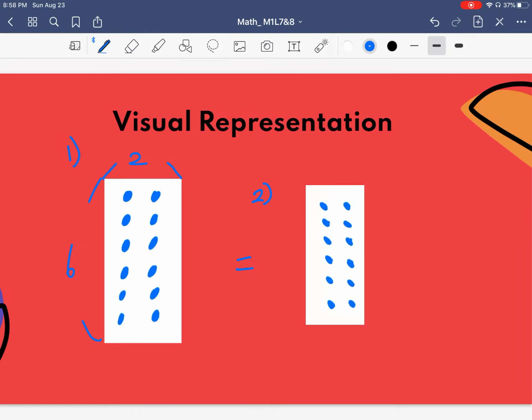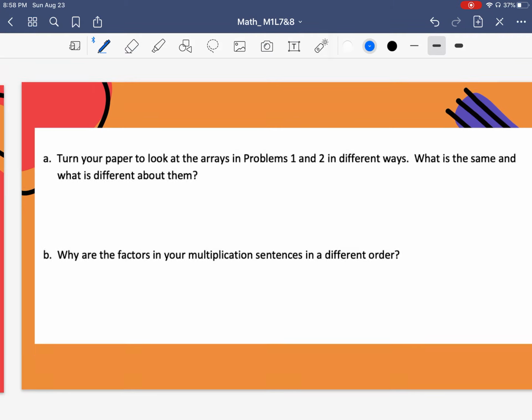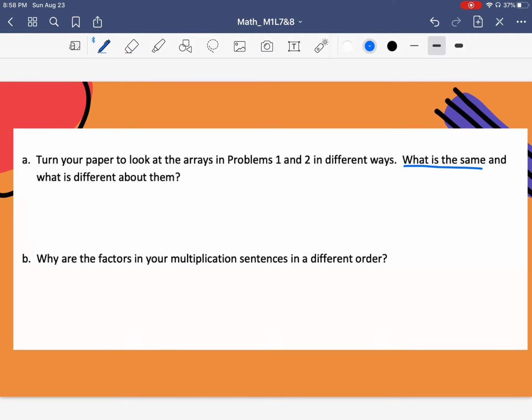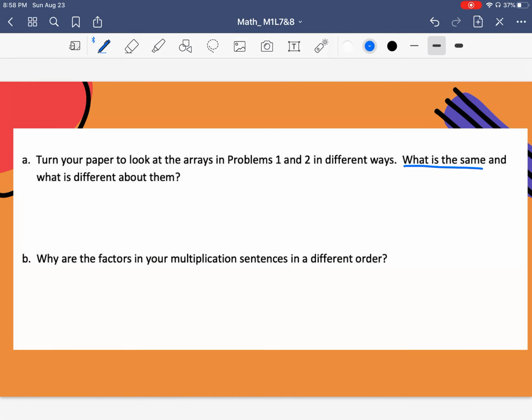So let's move back to the question. So let's answer the first question. What is the same? We know that they have the same number of dots.